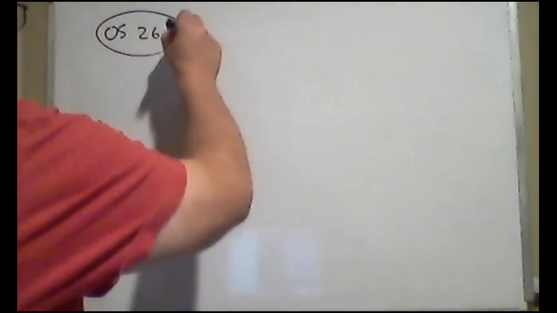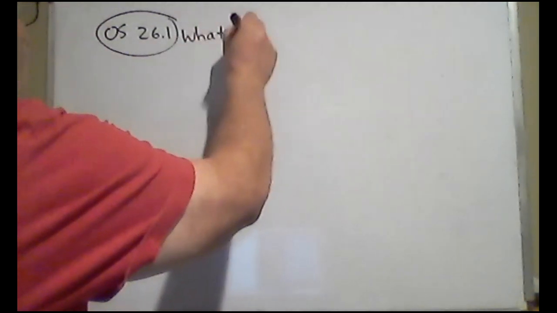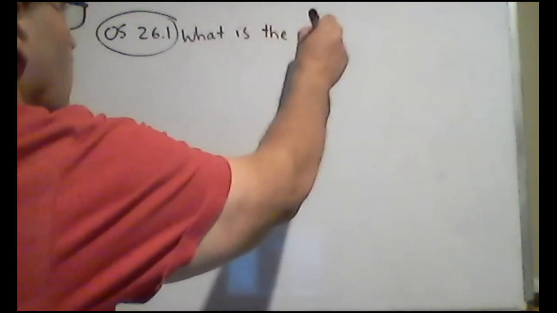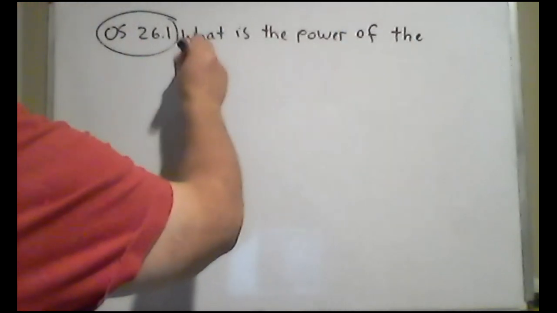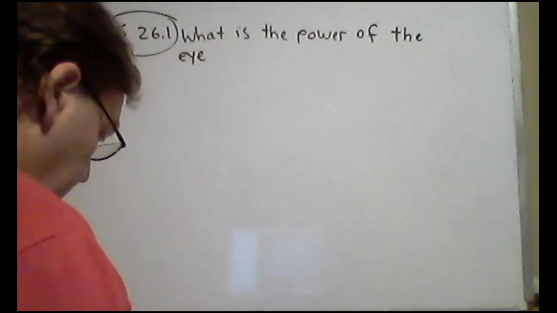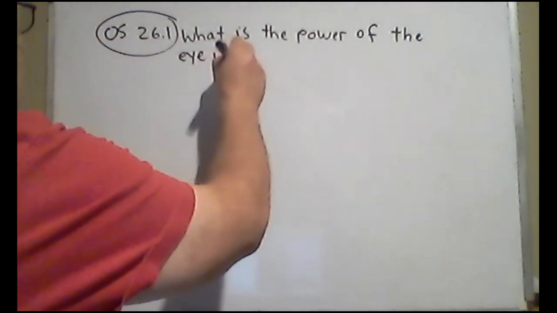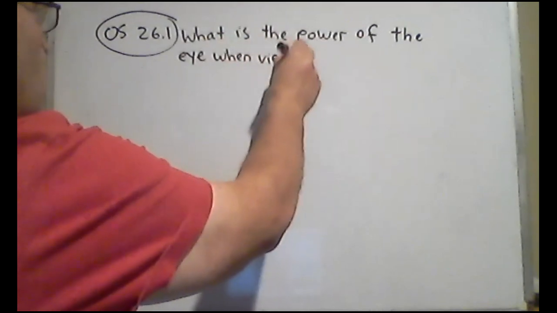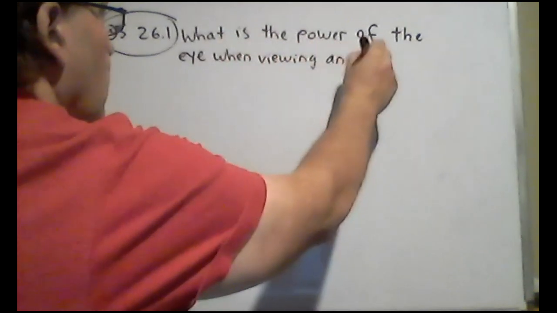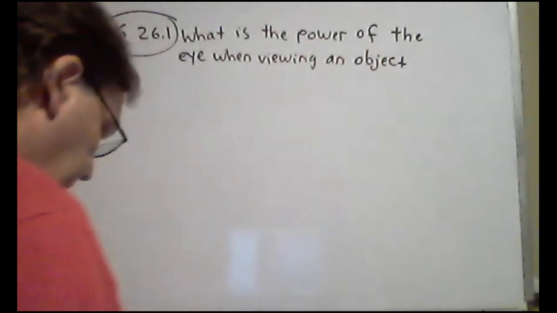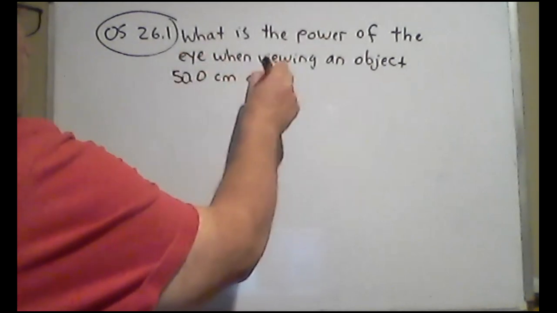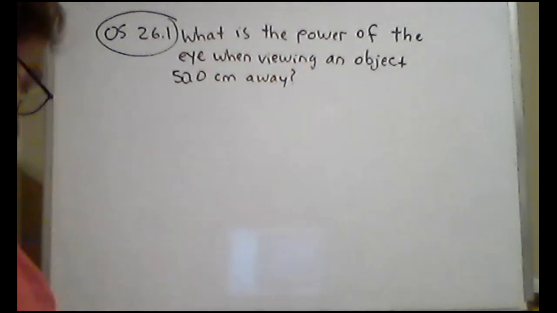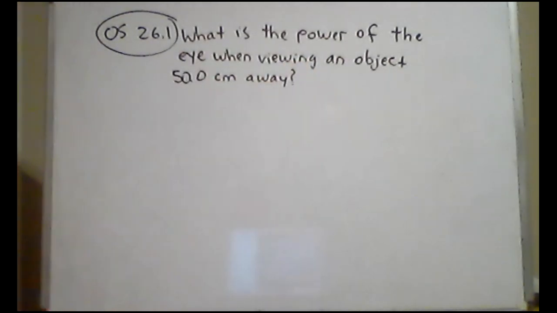That says, what is the power of the eye when viewing an object 50.0 centimeters away?